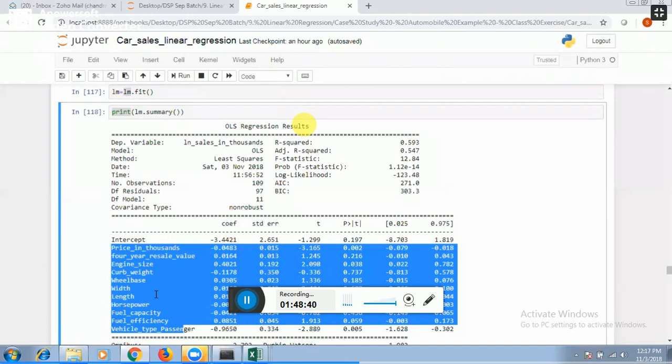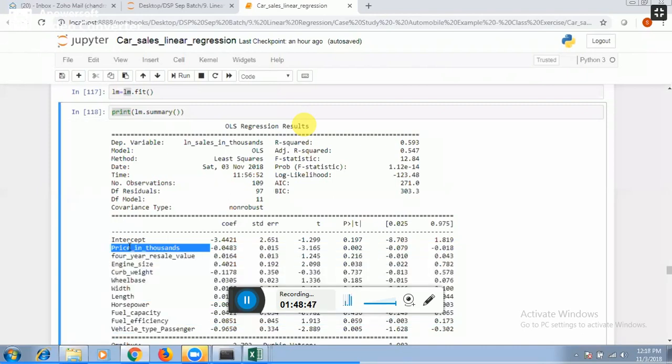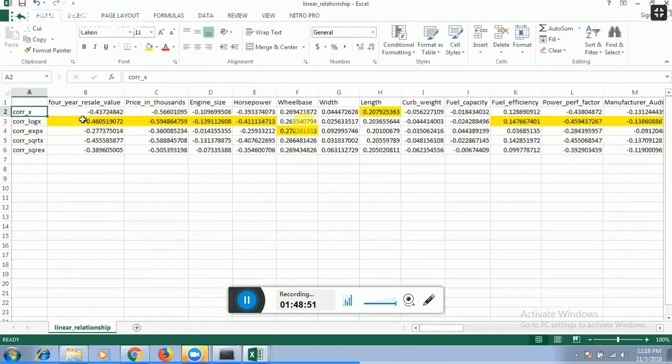That is the second thing. And the third thing is, for example, instead of price in 1000, you can mention log of price in 1000, which can be a better fit. Price in 1000 here has 56% correlation, and this one has 60% correlation.